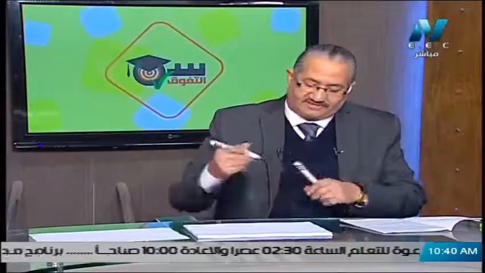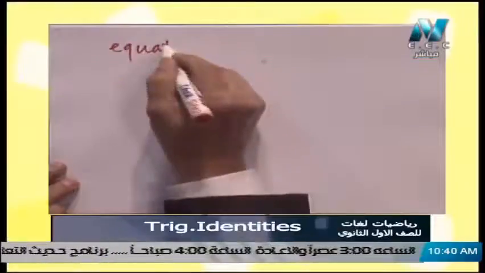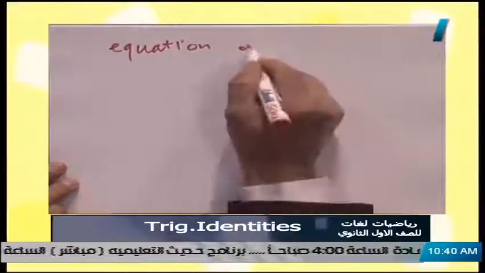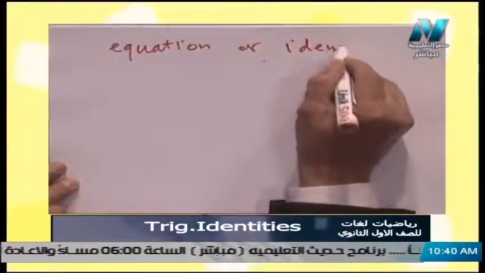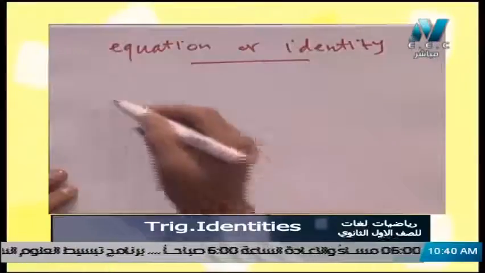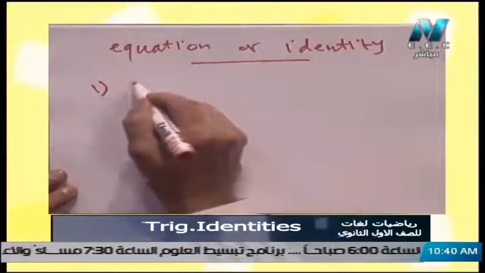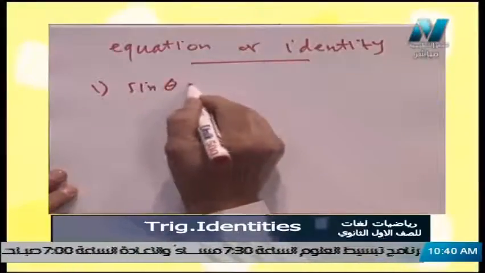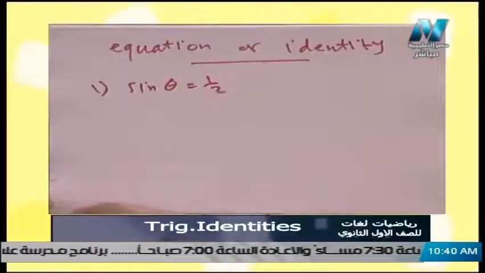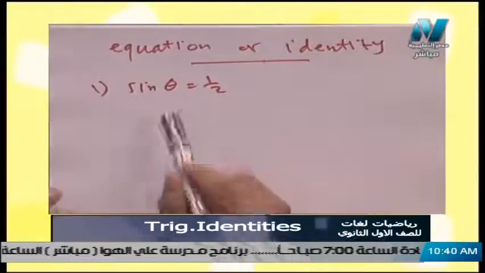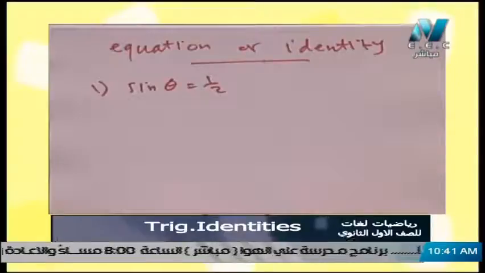The question is: which of the following is an identity or an equation? The first example is sine theta equals half. What is it? Is it an equation or an identity?